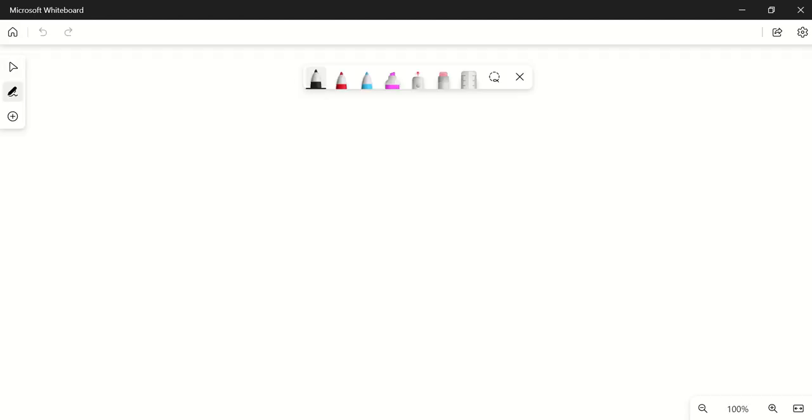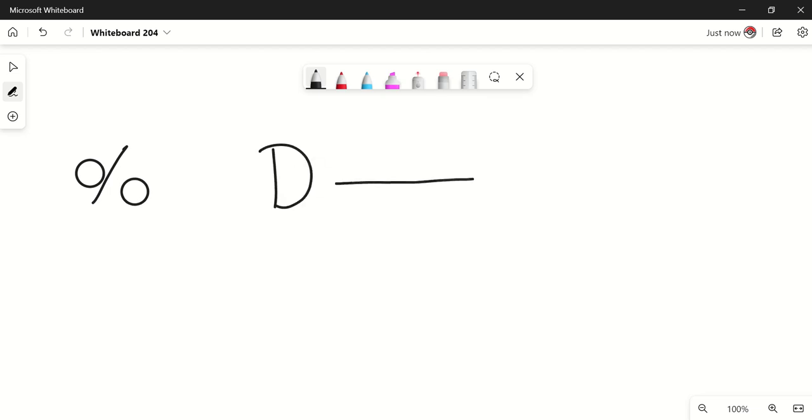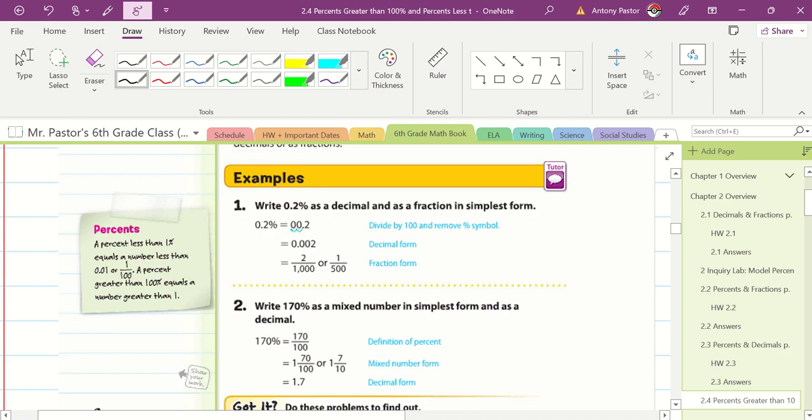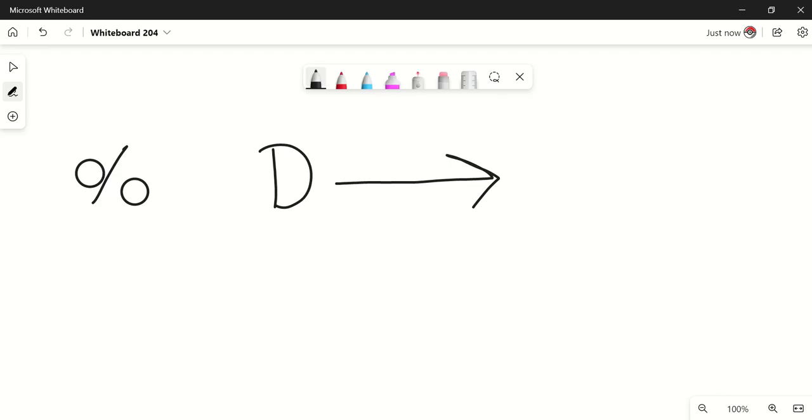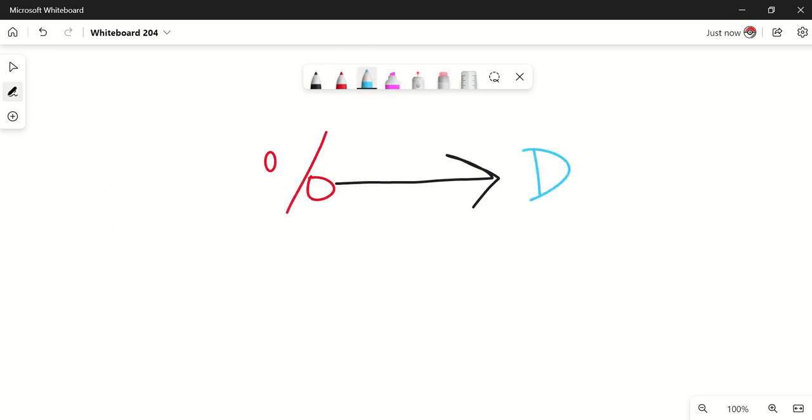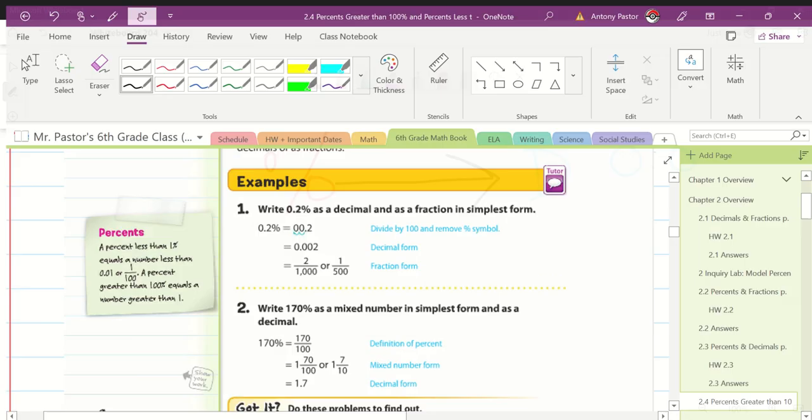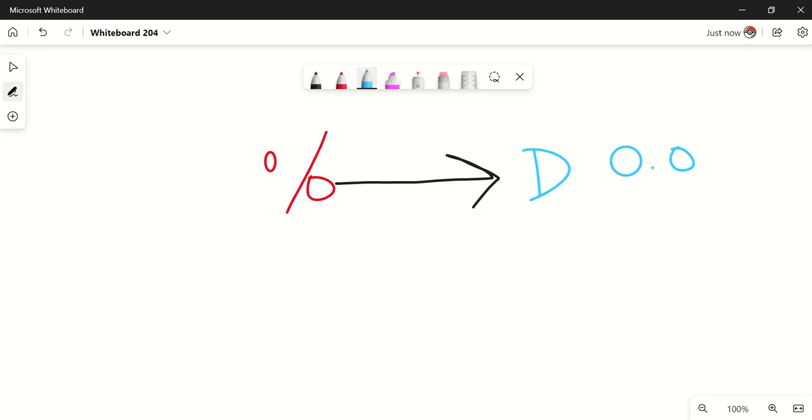In order to change a percentage to a decimal, the decimal needs to jump 2 times to the left.